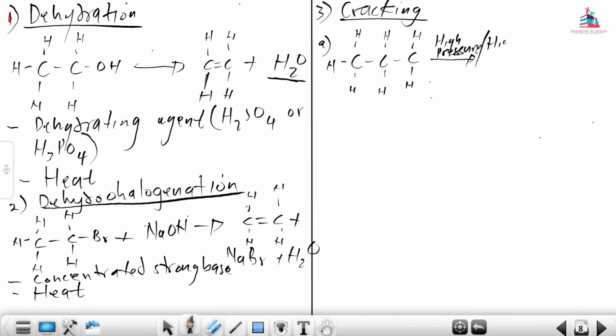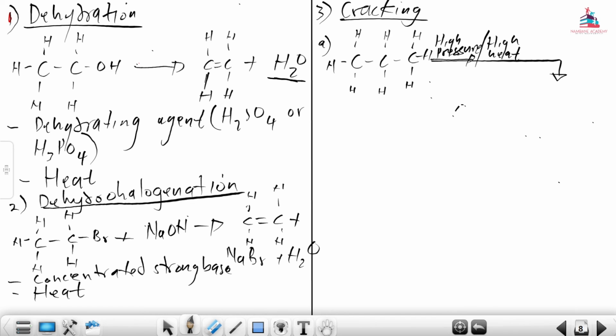So we are going to break this down. So the products that will be formed, we need another H here, we can form an alkene and an alkane. So I'm going to form an alkene and alkane in this case. That is the first one.